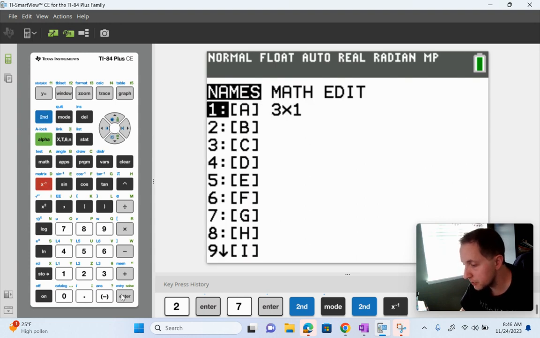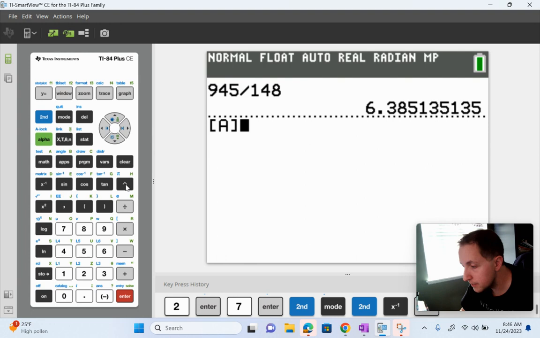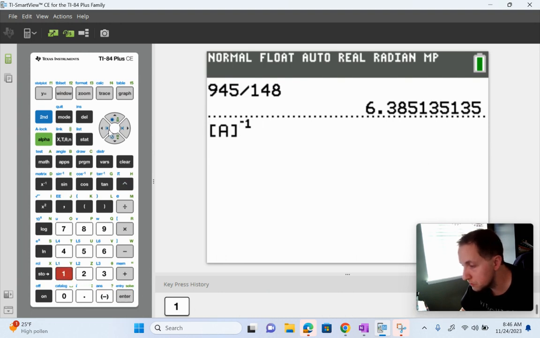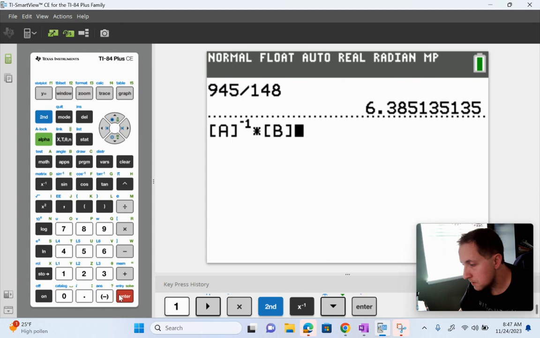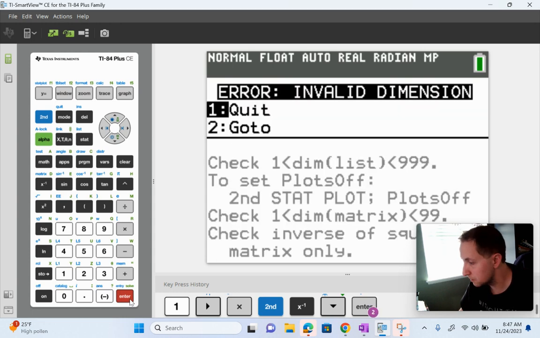This time you're just calling the matrix. So hit enter, A, hit the exponent button, and type in -1 so that it knows it's doing the inverse. Hit the right arrow to get out of the exponent. Hit the multiplication symbol, and then go back to the matrix menu, second x inverse, and this time we're going to multiply by matrix B. This is going to produce the x, y, and z coordinates that solve that system.